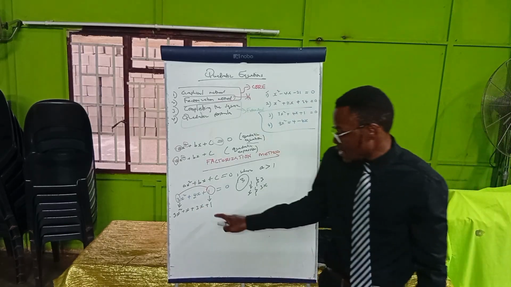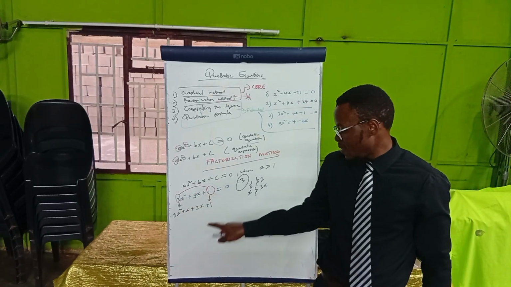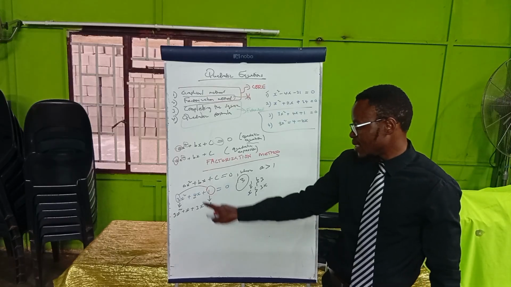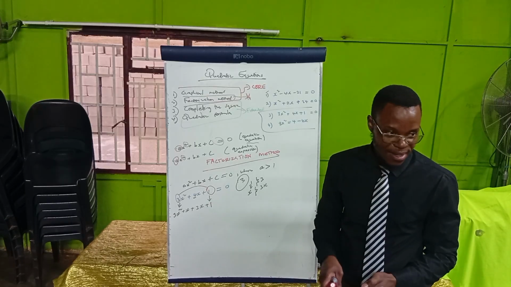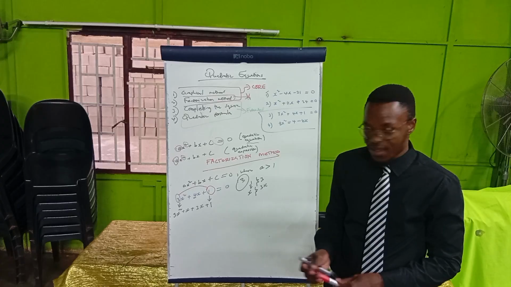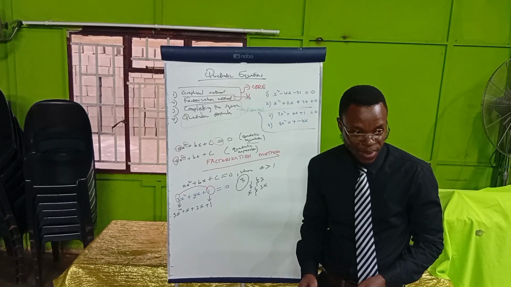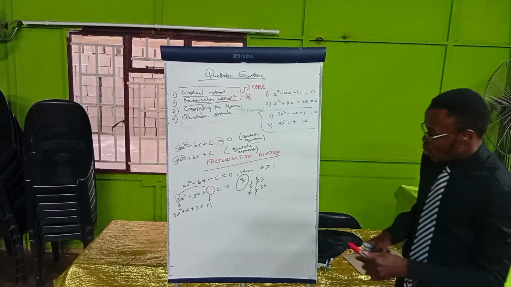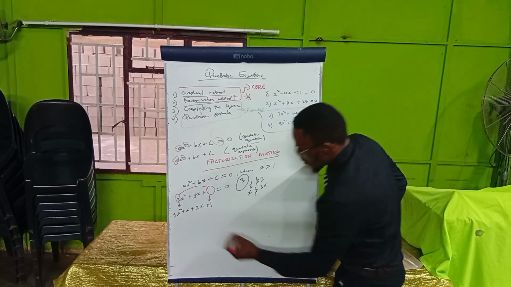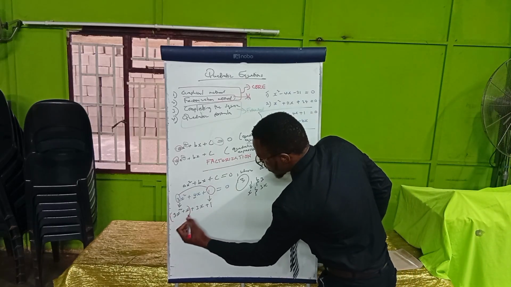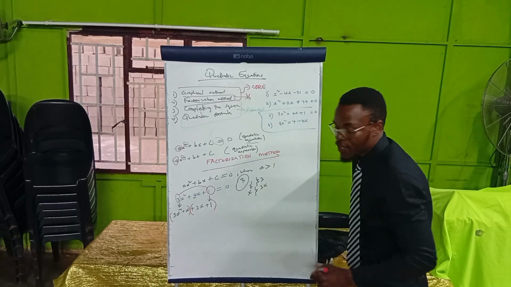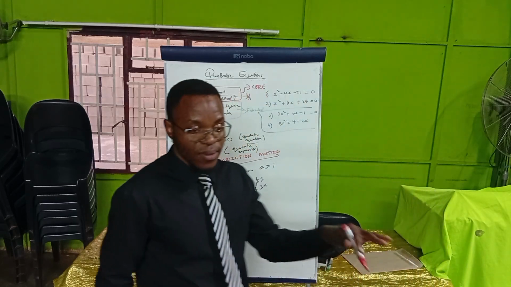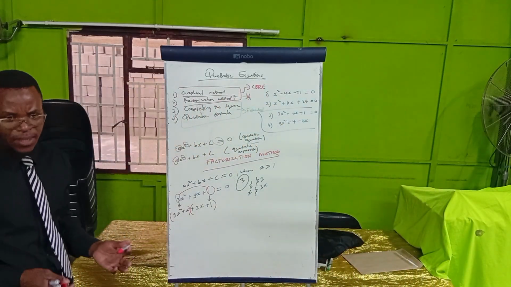You notice that in fact this is the same as that, because if I simplify this by collecting like terms, it still gives me the previous value on the left hand side of the equation. So let's figure again. We need to apply your understanding of factorizing common expressions or simple expressions.